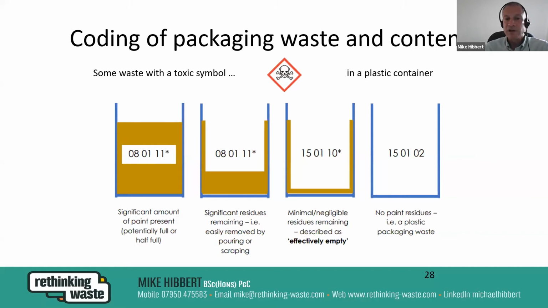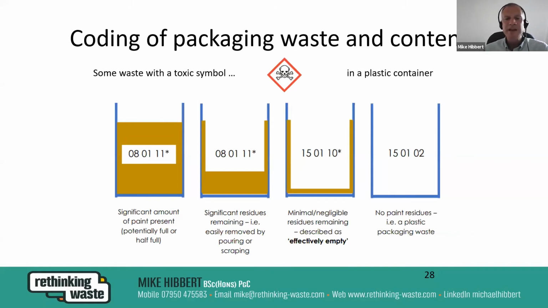So obviously in the full container, what we're doing is assessing if this was a paint, what the composition of the paint is. If the container's half full, but it's still got some residues in there, again, we're assessing the composition of the actual paint itself.